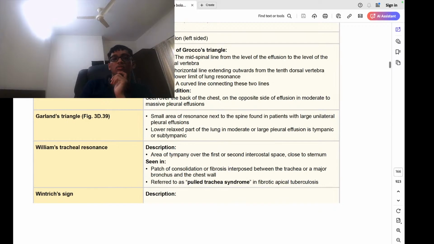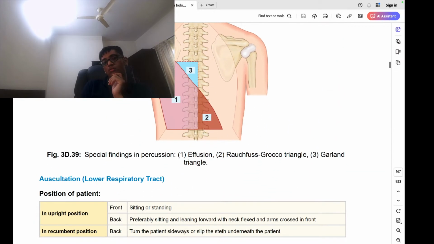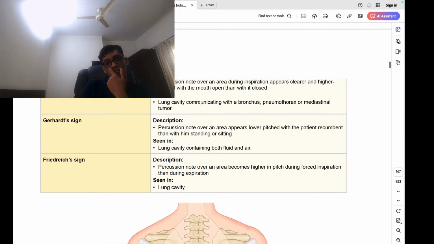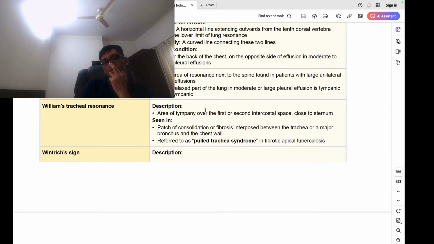I think lung resonance. But yeah. Tympany.